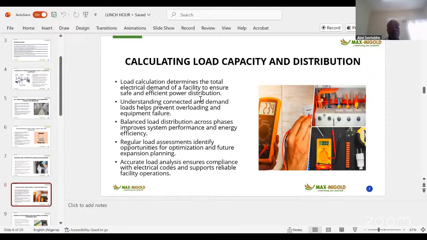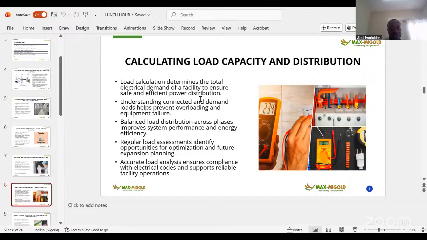You balance load distribution across phases, improving system performance and energy efficiency. If one phase is overloaded, the two other lines, red, yellow, or blue, will be affected. So ensure that the loads are distributed evenly across the phases.